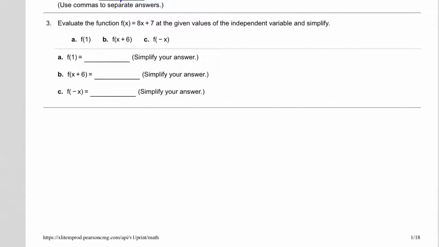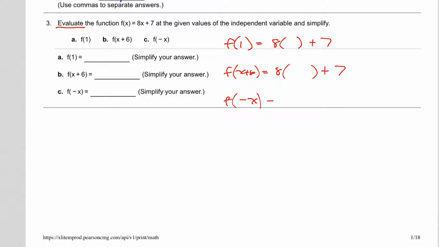Next we have number 3. Evaluate the function. So the keyword here is evaluate. That means we have an input of 1 into our equation. We have an input of x plus 6 that we're going to put into this equation, and an input of negative x that we're going to put into this equation.